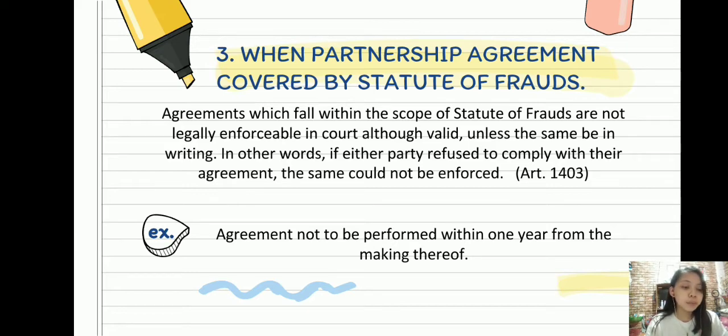So, unenforceable contracts are those that cannot be enforced or given effect in a court of law or sued upon by reason of certain defects provided by law until and unless they are ratified according to law. Kasi nga, sa situation ni A and B, naka-state na after 1 year pa nila i-start yung partnership, then within that 1 year period, they cannot operate it.